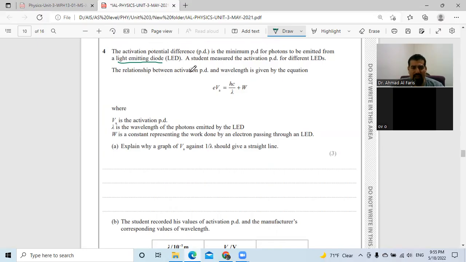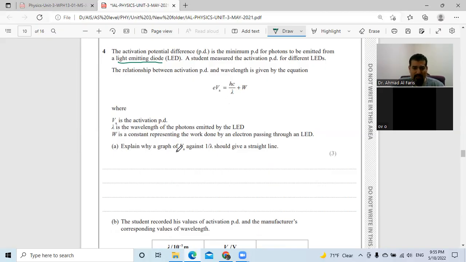The relationship between the activation potential difference and the wavelength is given by this equation: eVA equals Planck constant times speed of light over lambda, plus W, where VA is the activation potential difference, and lambda is the wavelength of the photon emitted. W is the constant to represent the work function of an electron passing through the LED, and e is the charge of each electron.